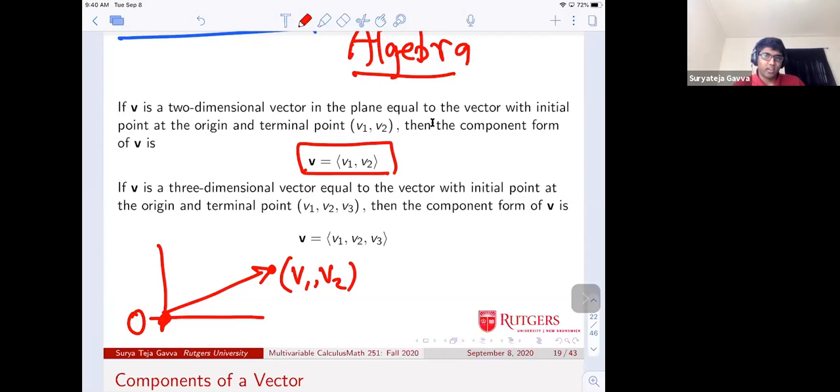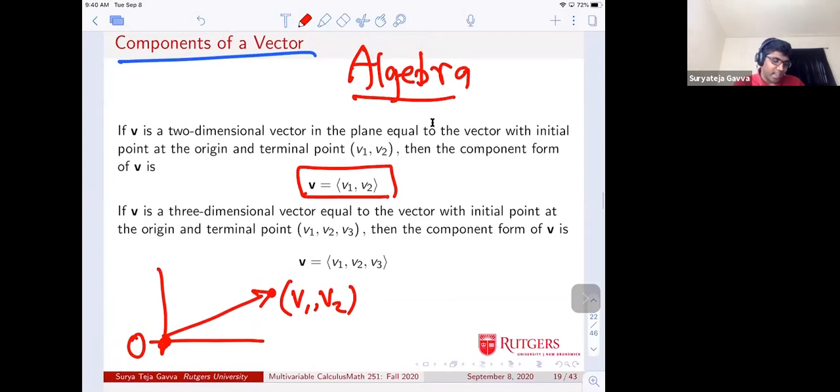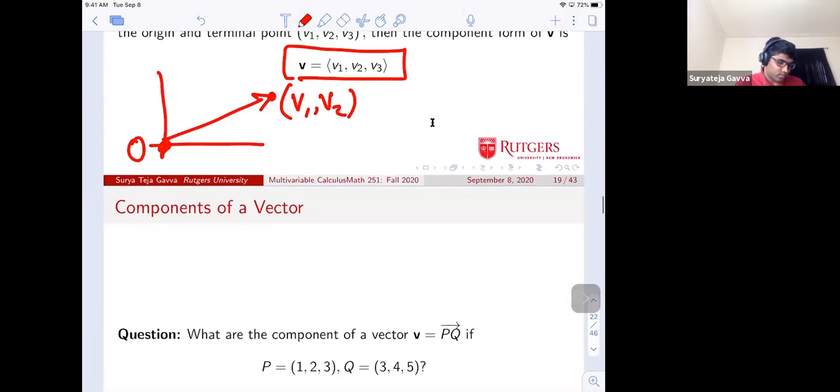If the coordinates are v1 and v2, you call those v1 and v2 the coordinates or components of the vector. Similarly, in 3 dimensions, you'll have 3 coordinates, and you'll call v1, v2, v3 the coordinates of the vector.